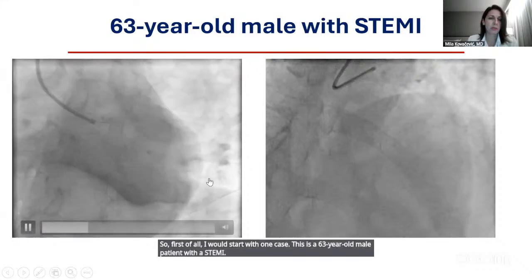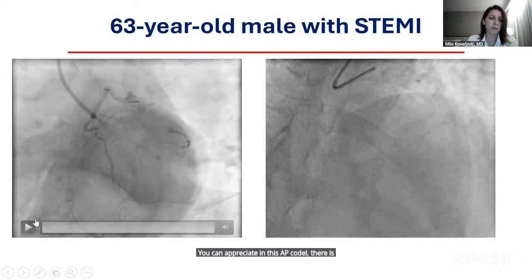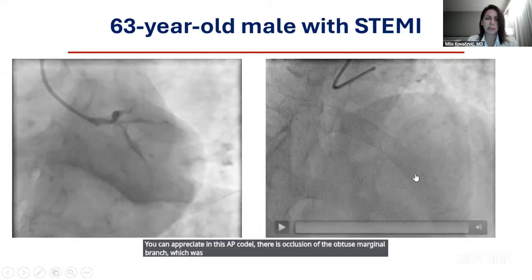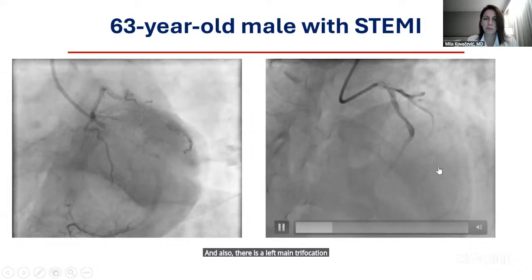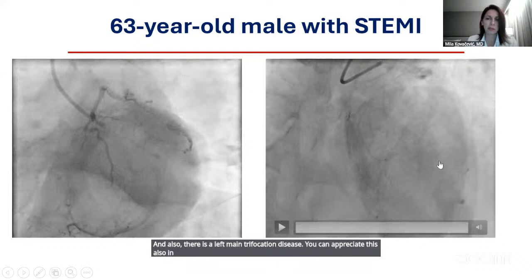You can appreciate in this AP caudal, there is occlusion of the obtuse marginal branch, which was the infarct-related artery. And also there is a left main trifurcation disease. You can appreciate this also in AP cranial view.